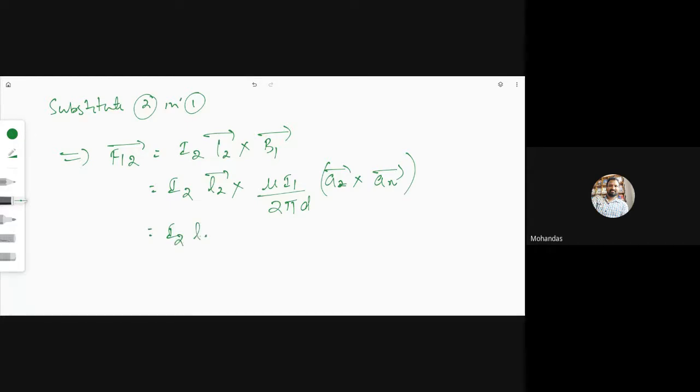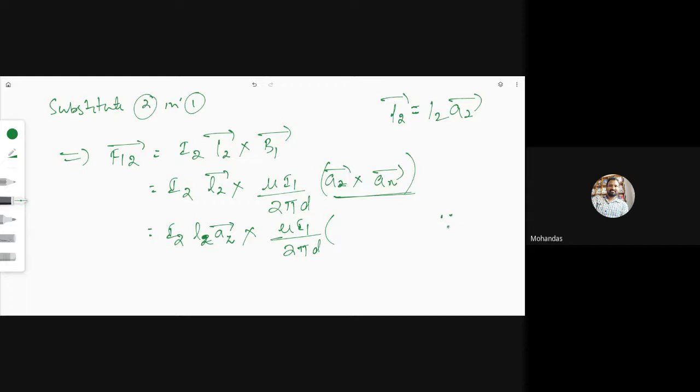How to write the L2 vector? What is the L2 vector? Length of conductor 2. L2 vector equal to, in conductor 2 also, how is the current flowing? In positive Z direction. Very good. L2 into AZ. So L2 into AZ cross mu I1 by 2 pi d AZ cross AX.